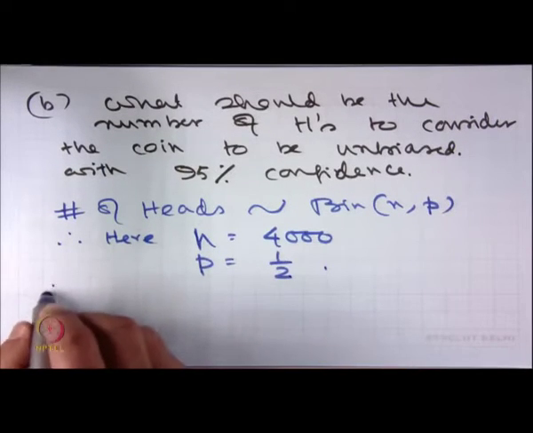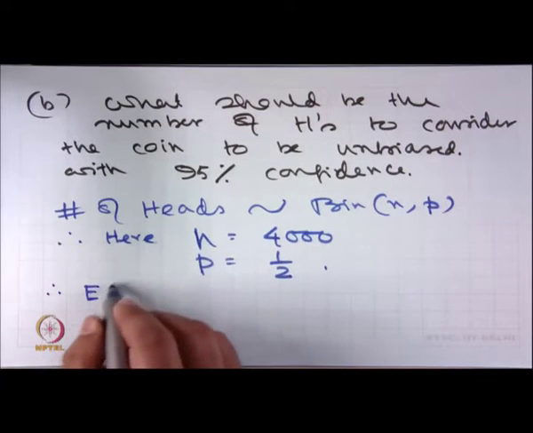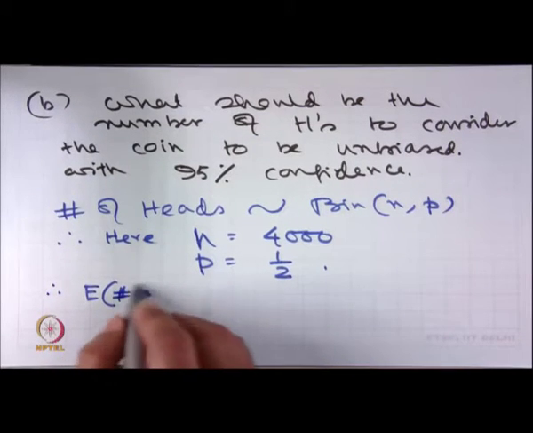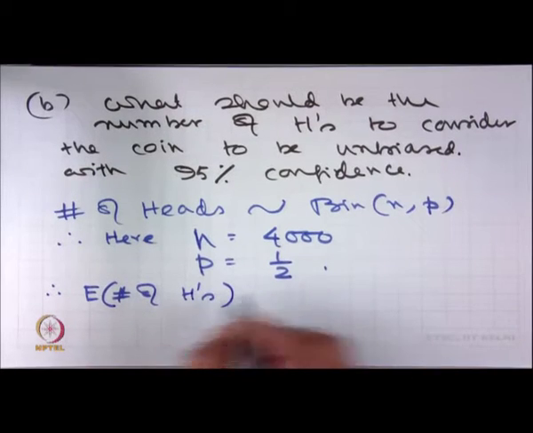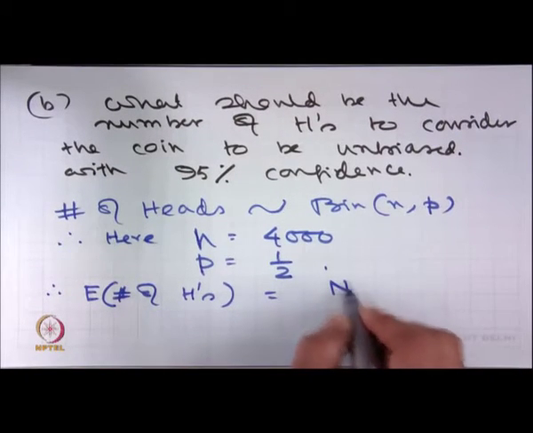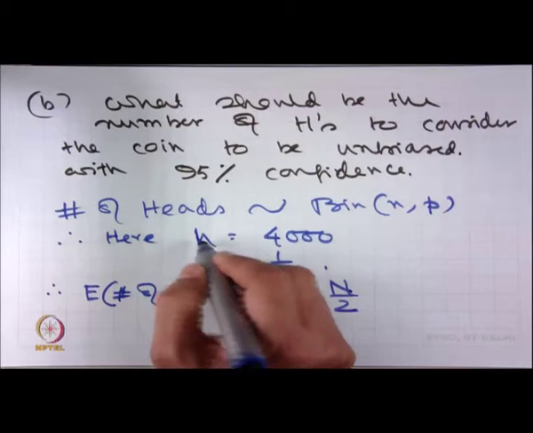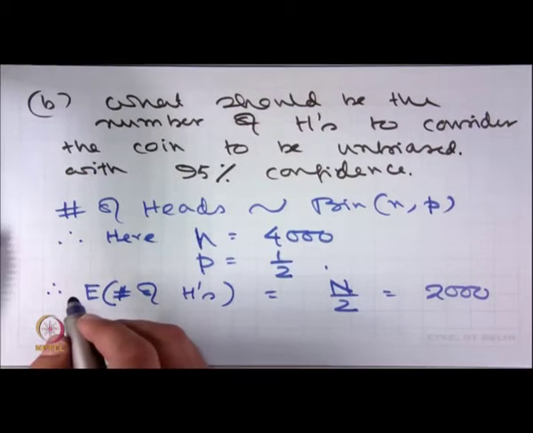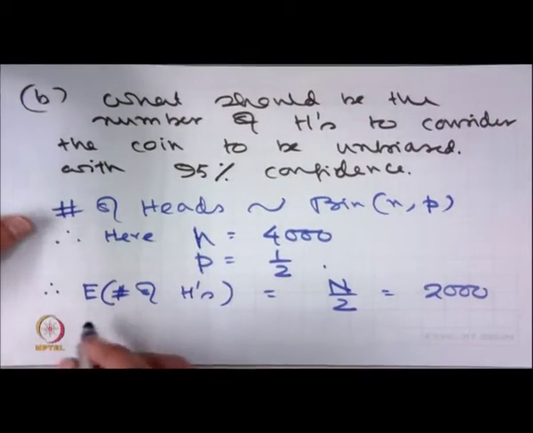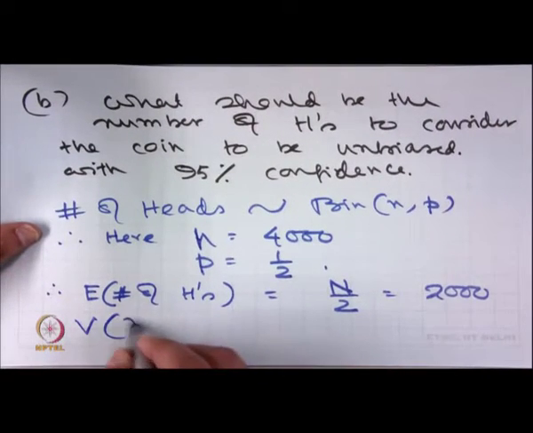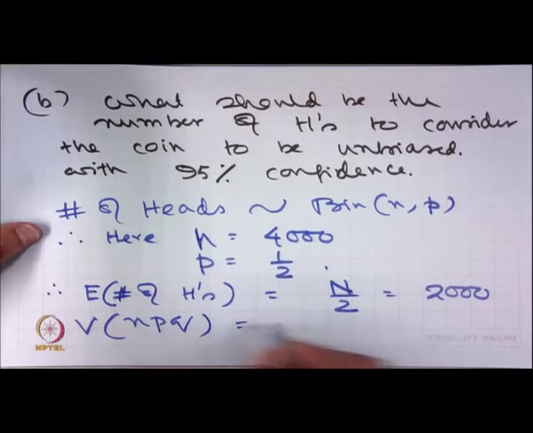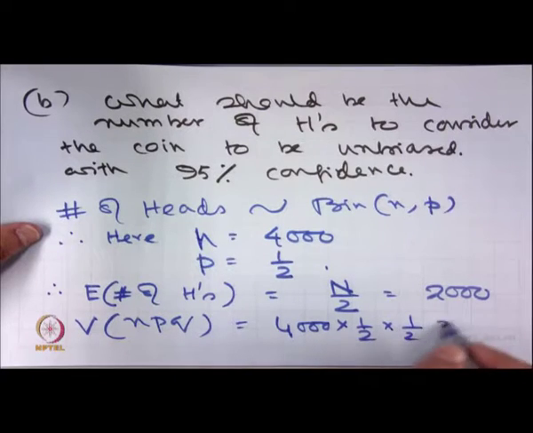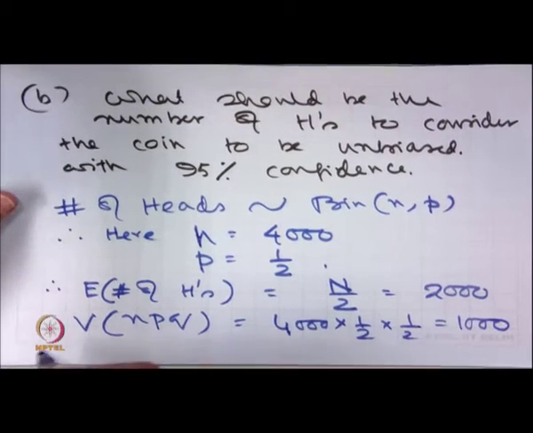Therefore, expected number of heads is equal to n by 2, which is 2000, and variance is equal to npq, which is 4000 into half, equal to 1000.